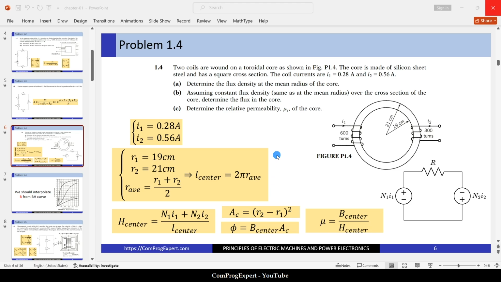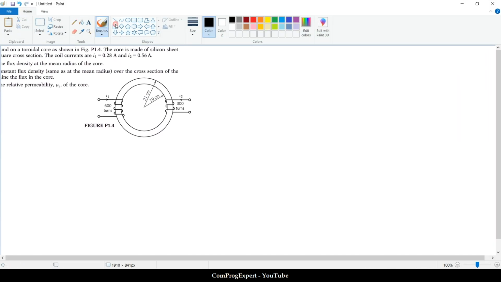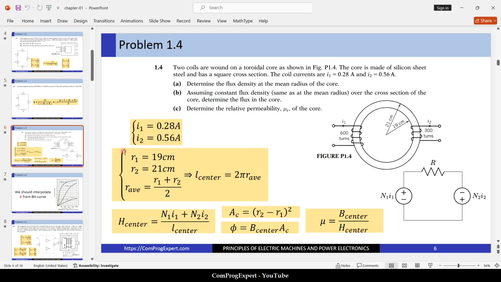So how can we calculate H? Let me copy this. We can consider this integration path in the center of this iron core. So we have R1, R2. The average radius is R1 plus R2 divided by 2.